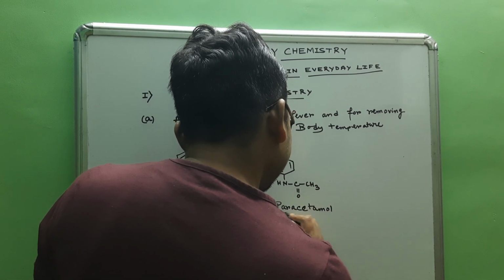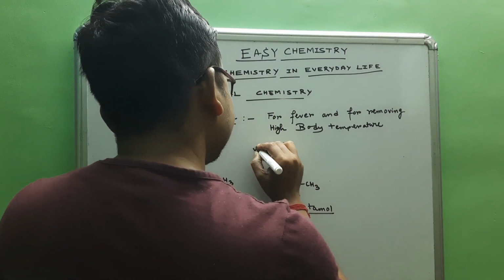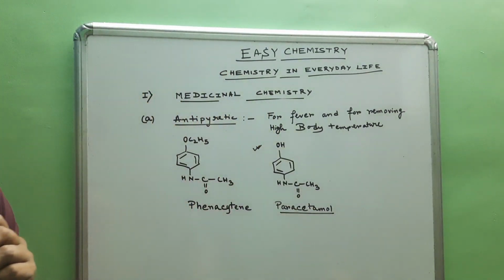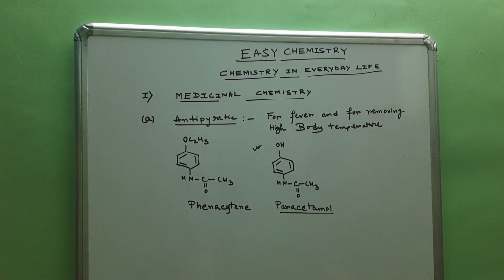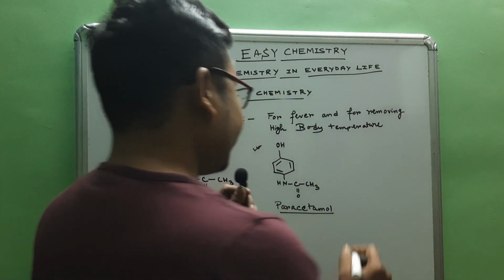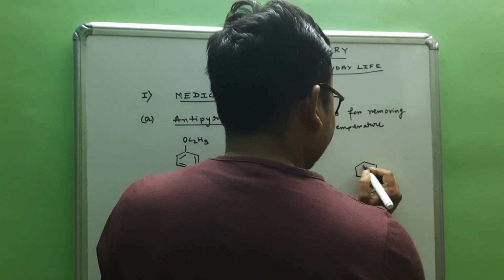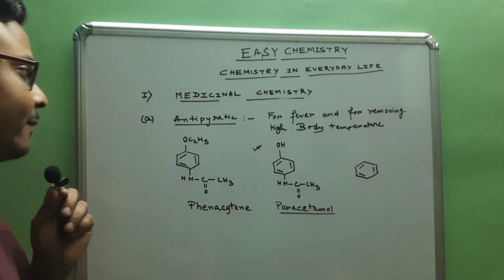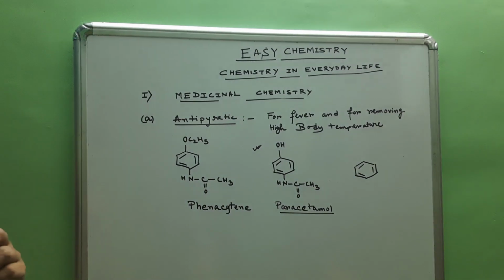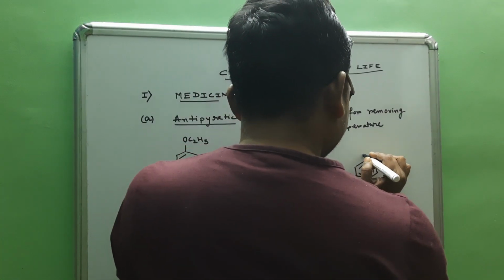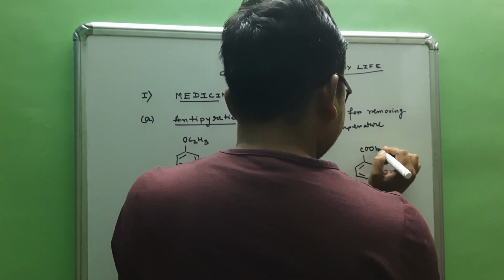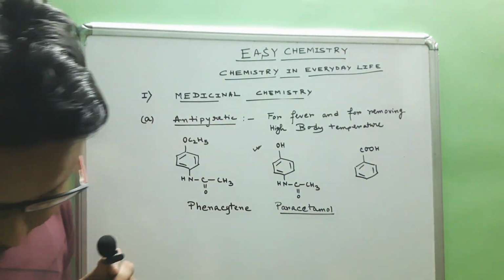This is our paracetamol, and it is very important. This structure is very important for exam purposes and also for your common knowledge. And next, aspirin. All three types of antipyretics are very common and very important for exam purposes and your common knowledge.